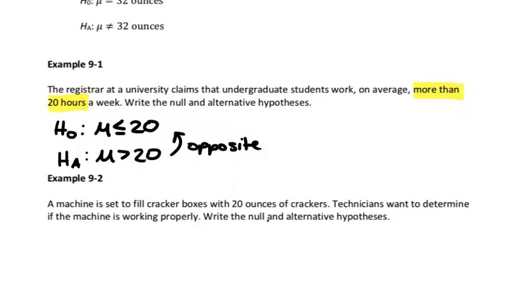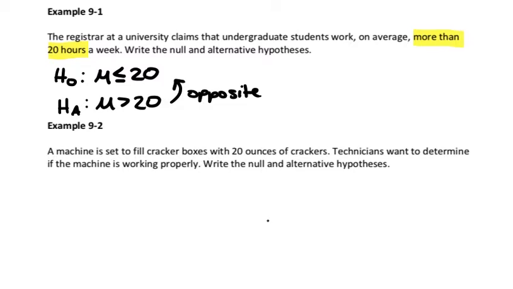Let's look at example 9.2. A machine is set to fill cracker boxes with 20 ounces of crackers. Technicians want to determine if the machine is working properly. Write the null and alternative hypotheses. So in this case, my alternative hypothesis is that the machine is not working correctly, or in other words, the mean is not equal to 20 ounces.